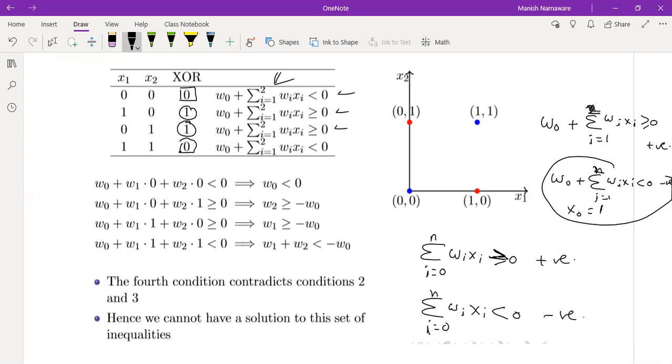Similarly for this, and lastly for a negative sample, w0 plus summation i from 1 to 2 of wi xi should be less than 0.